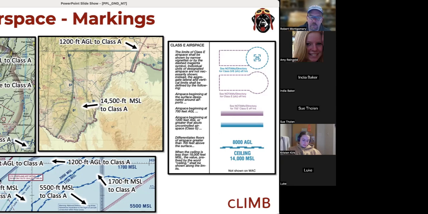Remember that 14,500 is MSL, not AGL. And then they show you these lines, and they even show you an annunciation where they can tell you where the top of the Class E is as well. So it can get kind of complicated. You'll get the hang of it. It's not that hard. It doesn't really affect your life that much if you get it wrong, but just some stuff to be aware of.